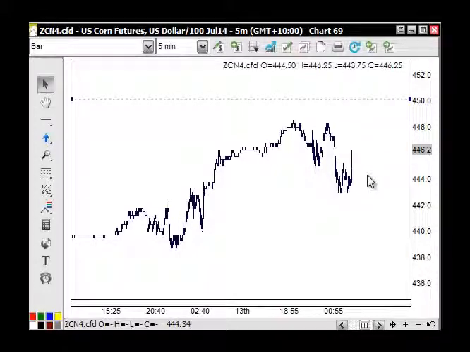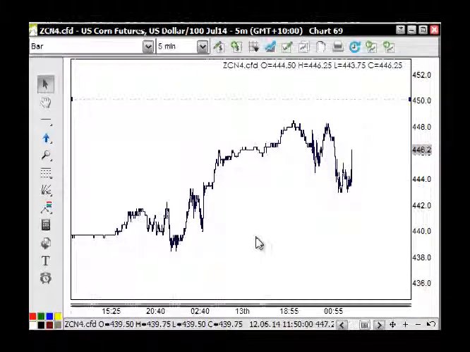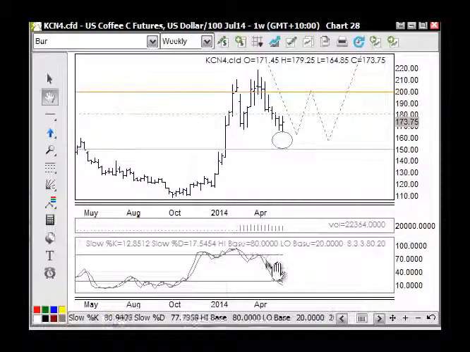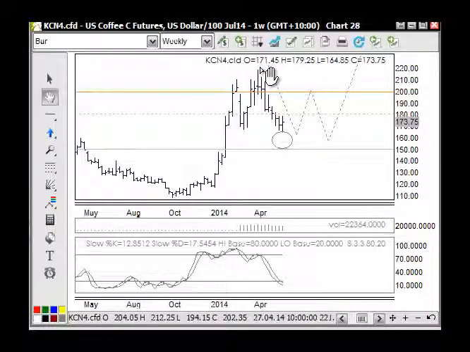And yeah, so the coffee market here, once again, this is the same really with most of the grains, in that we're looking at these weekly stochastics basically coming into the buying zone here. So this particular market through here, we know we got 5 waves up here.